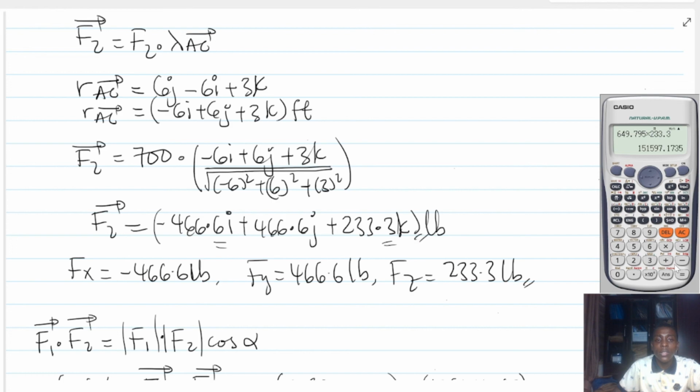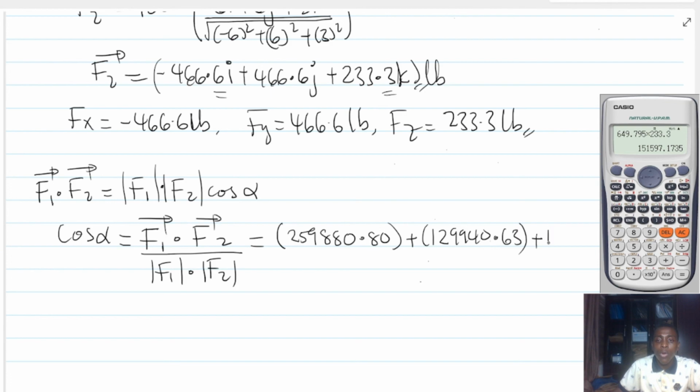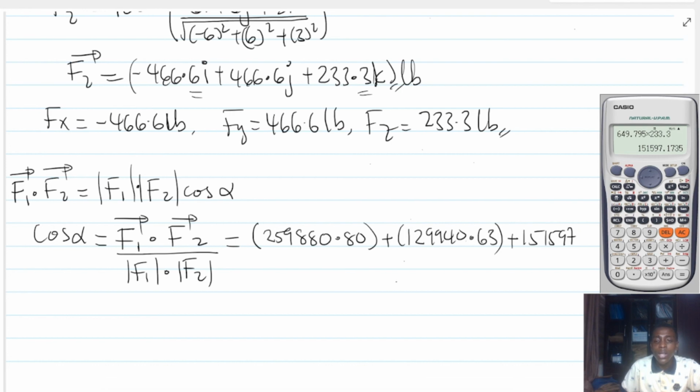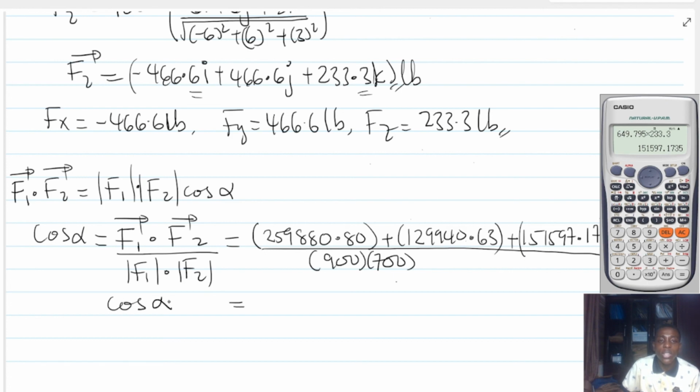What is that? 151597.17. Okay, then I will divide this by multiplying 900 by 700. All right, so let's do this on our calculator and equate it to cosine alpha.